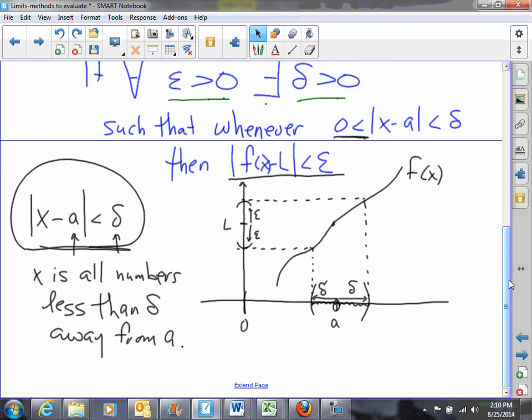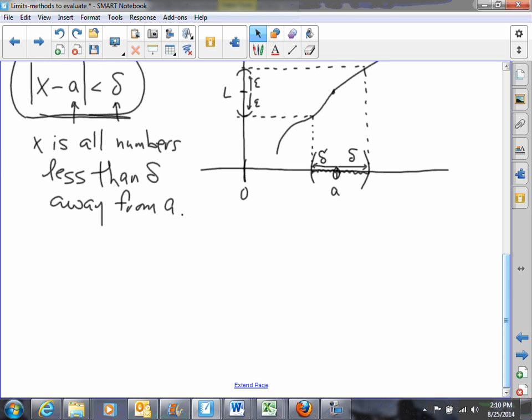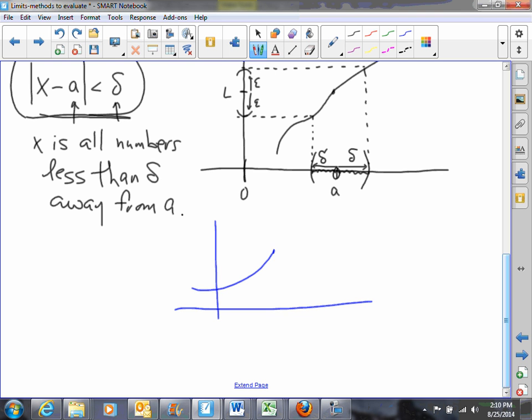Now, let's play with this just a little bit. Let's imagine that we have a function that does something like this. This is L here, and this is A, and it's got to be an open circle there.